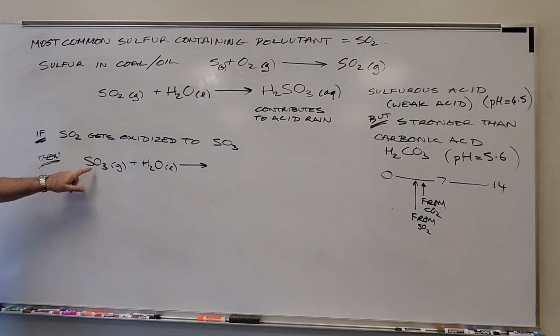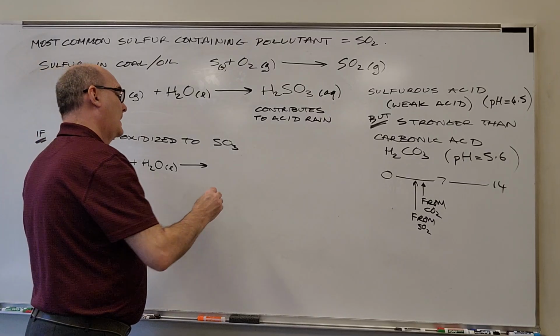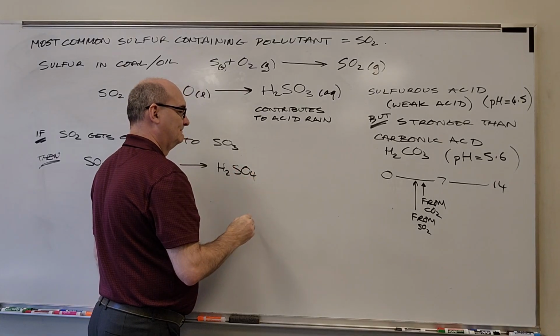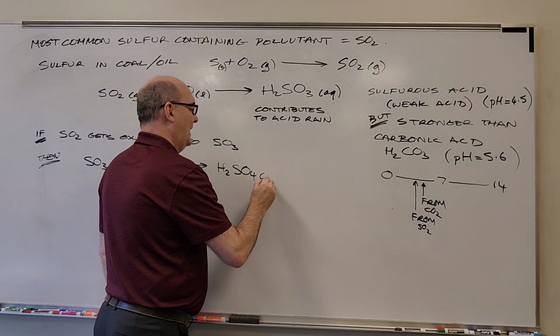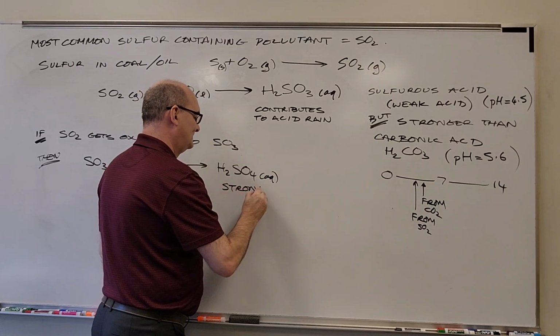I have one sulfur, 1, 2, 3 oxygens, 2 hydrogens, a 4th oxygen. Then I make H2SO4. And that is a strong acid.